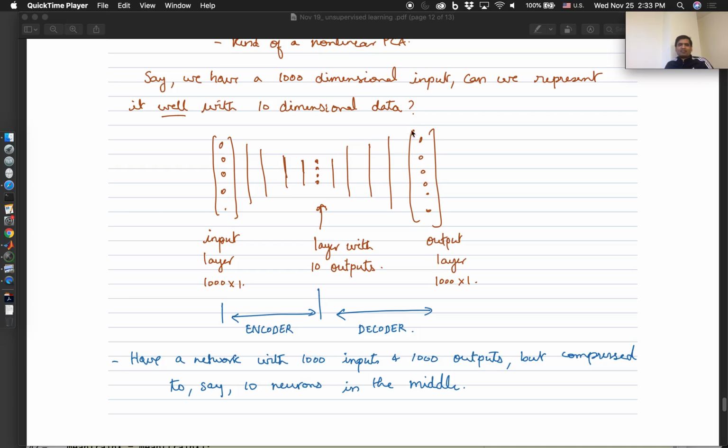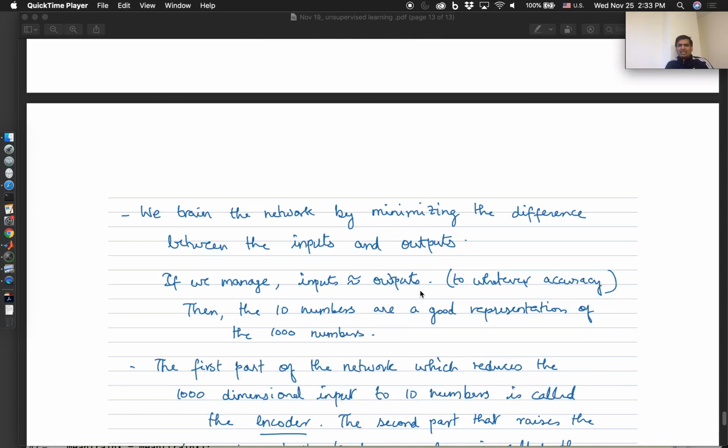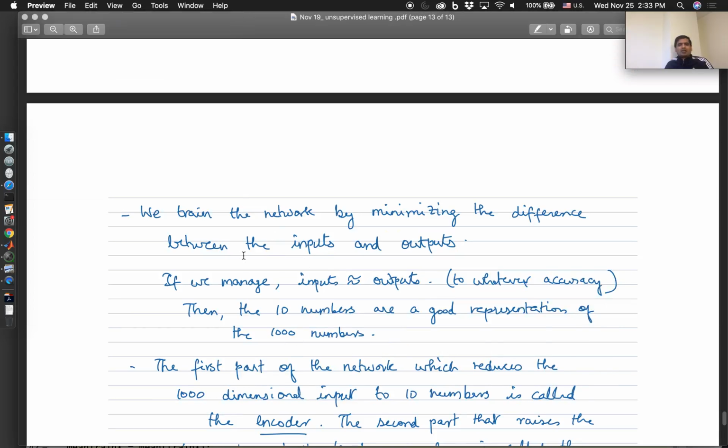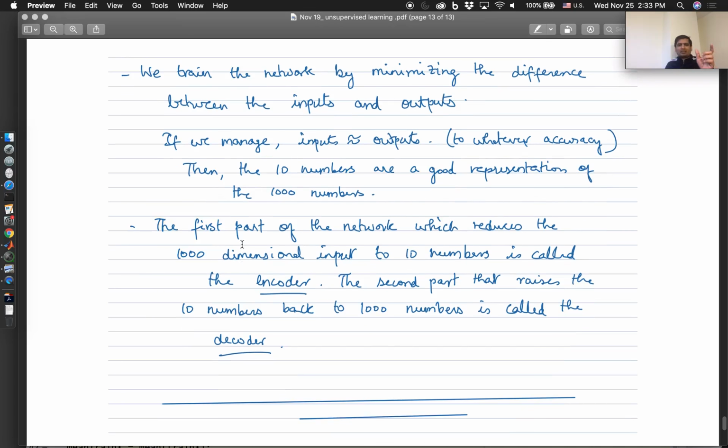So if we can find a neural network like this, then you can use the first part for the compression, namely converting the 1,000 to 10. And then if, for instance, we want the 10 to go back to 1,000 numbers, we can use the second part, okay? And that's it. And we can look up a MATLAB demo that does this pretty well. So that's one way to do nonlinear PCA.